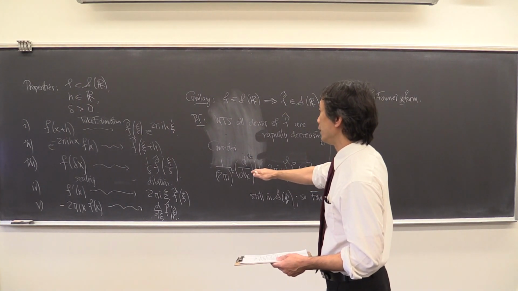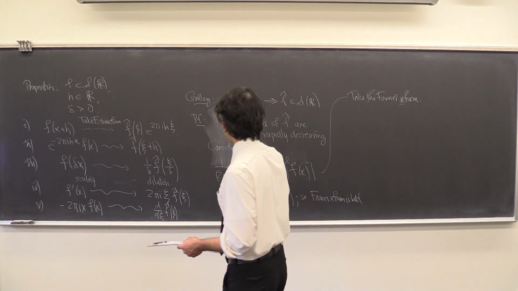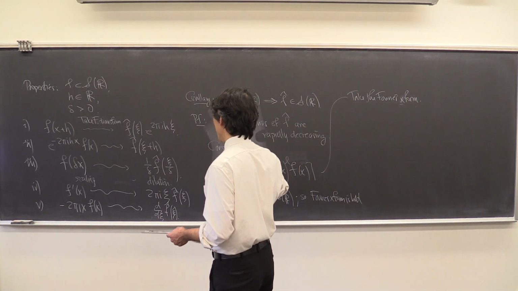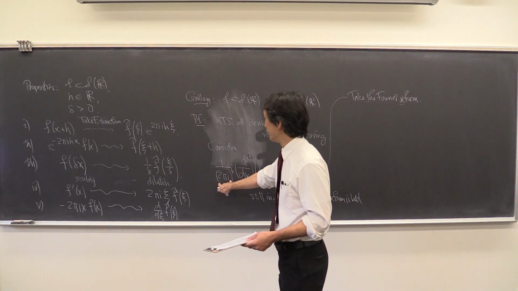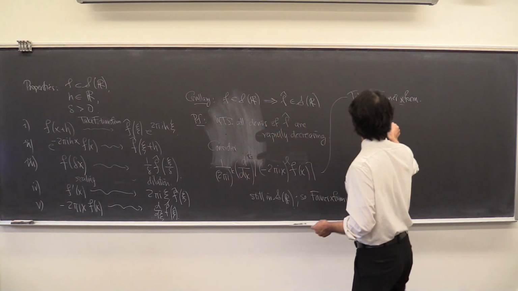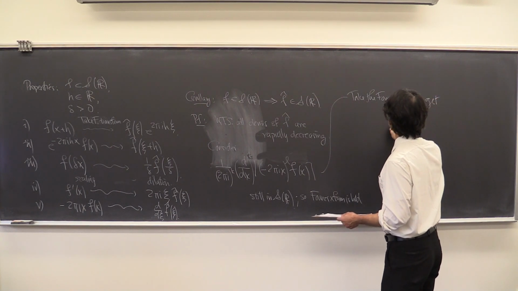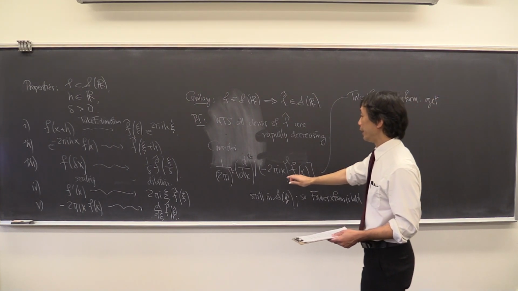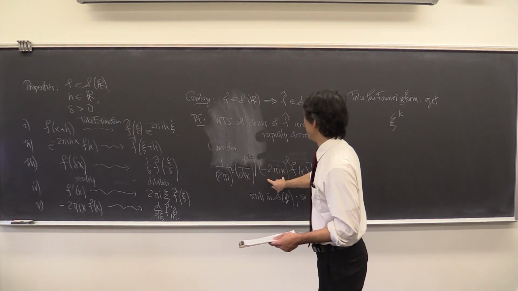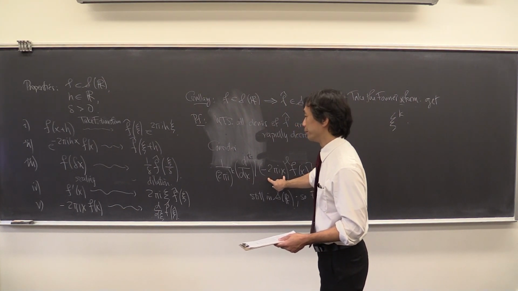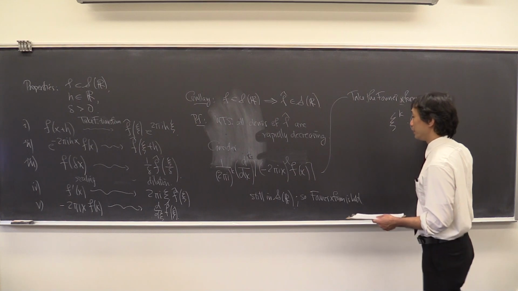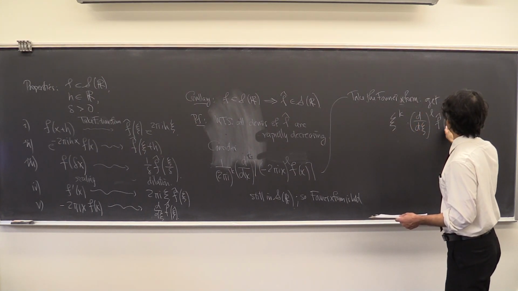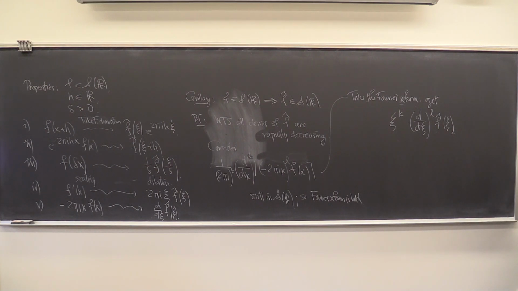Well, differentiation, when you take the Fourier transform, turns into multiplication by 2 pi i xi, and we're dividing by the 2 pi i to the k, so we get xi to the k. And then multiplying by the polynomial turns into differentiation, so you get the Lth derivative of the Fourier transform. So we're just using the basic properties.